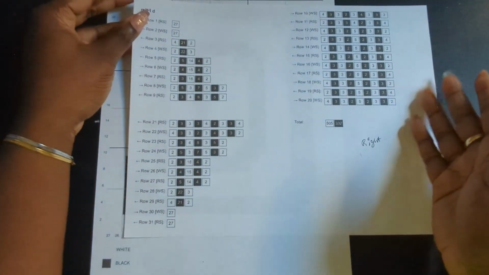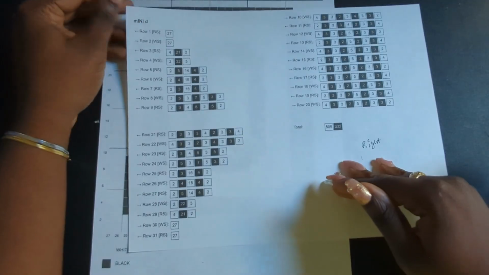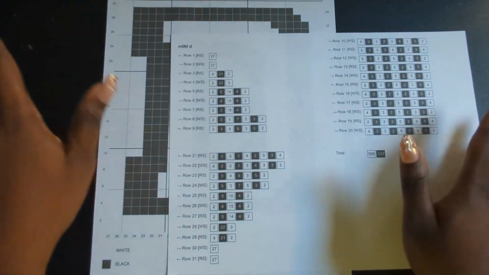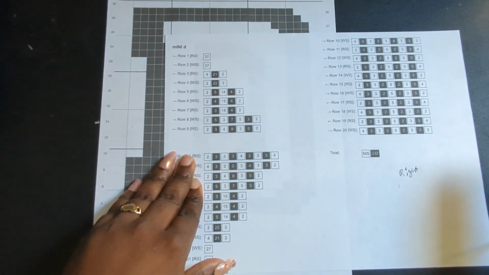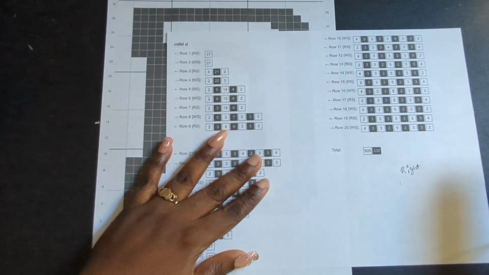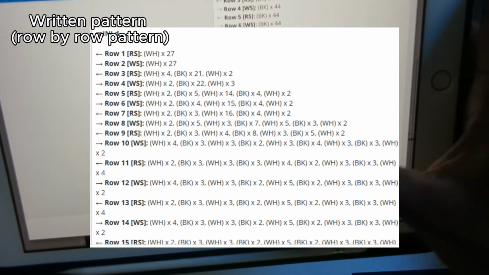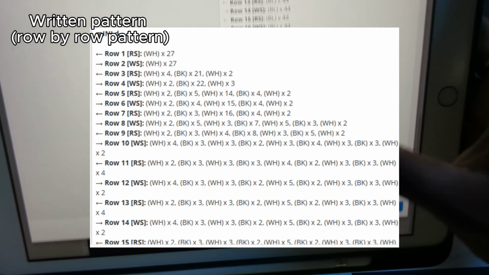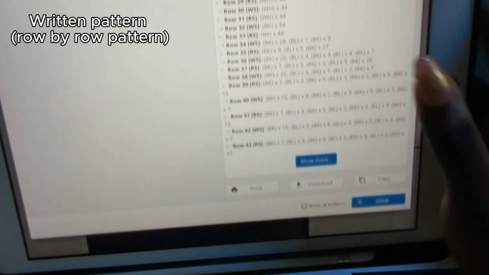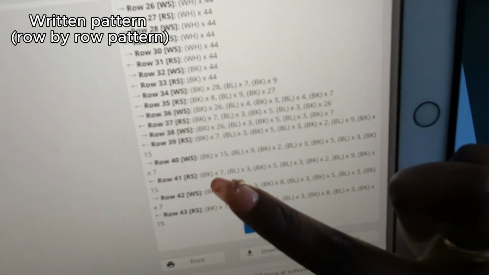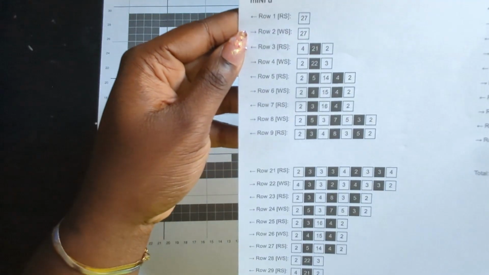And also the patterns that I sell when I get customs, they have the option of just the graph, just the color block, just the written form, or all 3. This is what it looks like. This is what text would look like, the written pattern. It would just be this difference. But yeah, it still says the same thing.